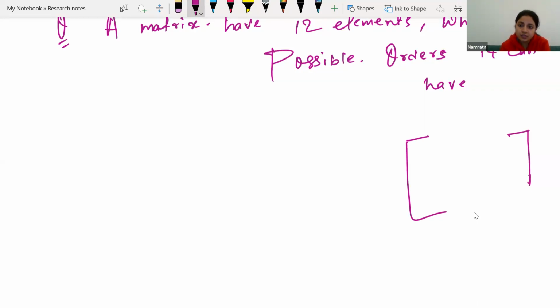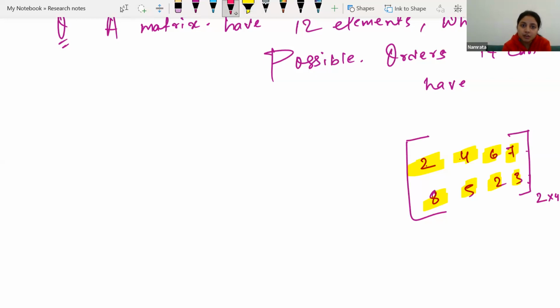If we are having a matrix, let's say the elements are 2, 4, 6, 7 and 8, 5, 2, 3. How many rows are there? 2. How many columns are there? 1, 2, 3, 4. 4 columns, right? How many elements are there? 1, 2, 3, 4, 5, 6, 7, 8. How will we get the number of elements? By doing the multiplication also. 2 into 4 is 8. 8 elements are there. So if 12 elements are there, the possible order means m into n.